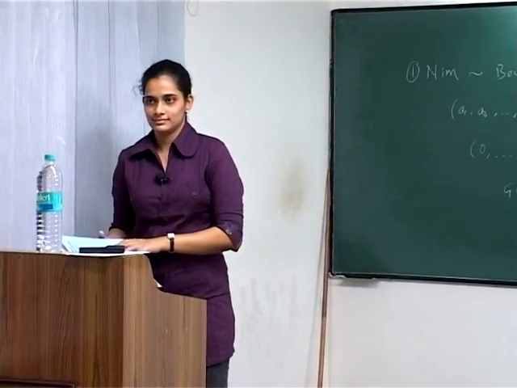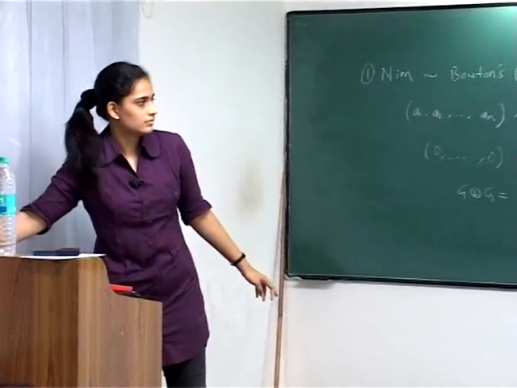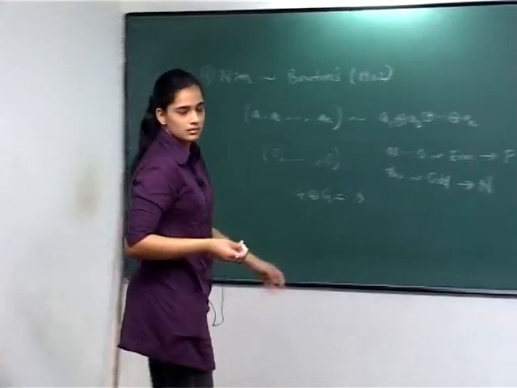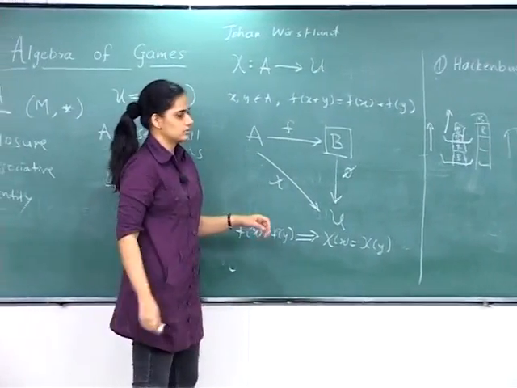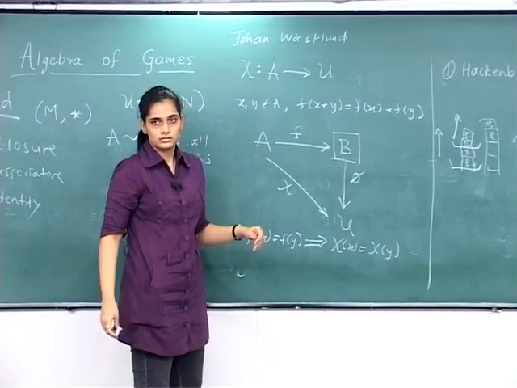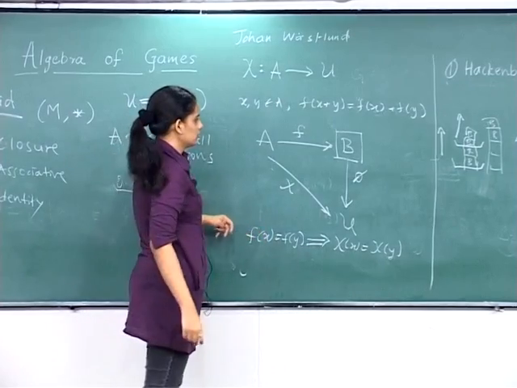Could you explain why there is a monoid homomorphism? In Hackenbush, given any position, you are giving this value, calculated, right? So why is that a homomorphism?